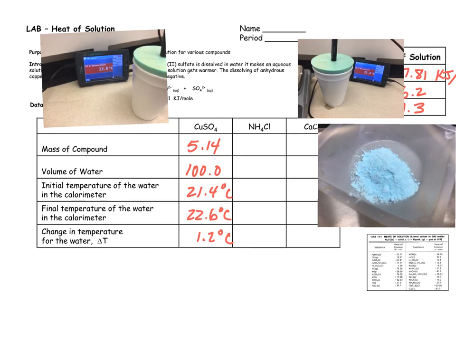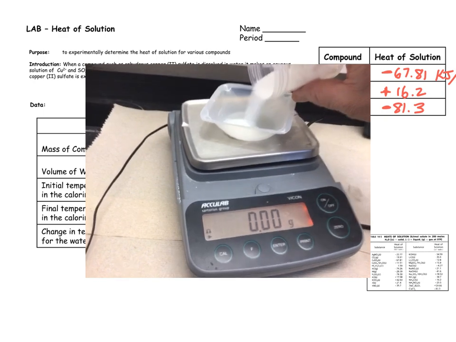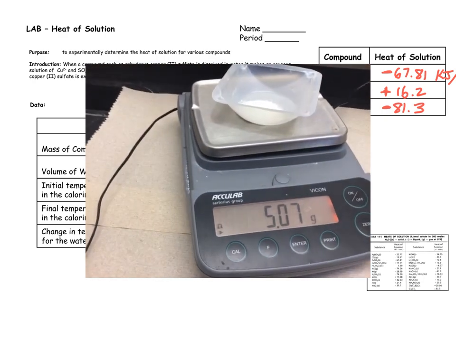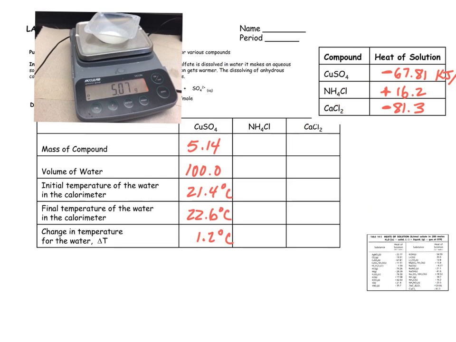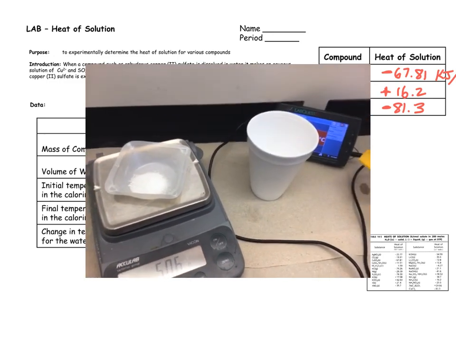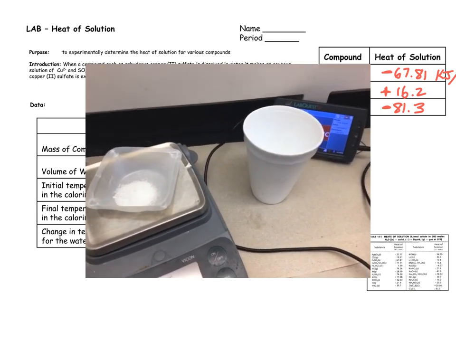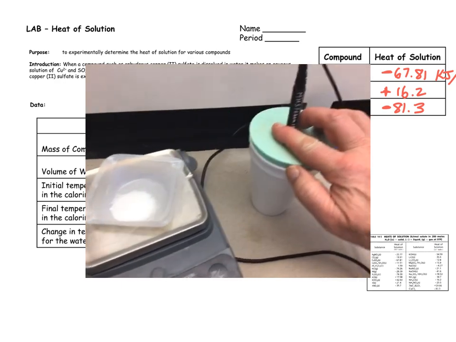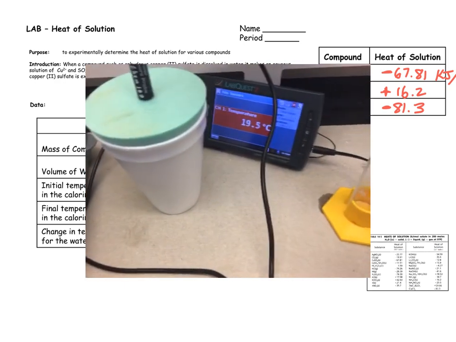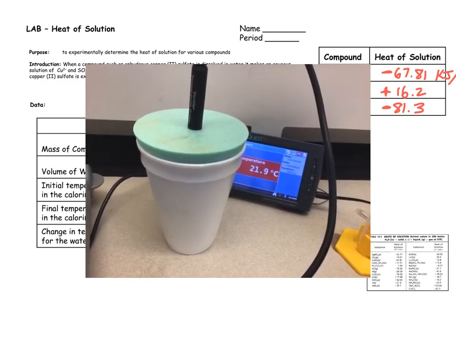All right, now we're going to repeat that same procedure with the other two compounds. Next, ammonium chloride, about 4 grams. Oh, there we go, 5.07. Another 100 milliliters of water into the calorimeter. And then find the initial temperature. Give that a second. 21.9.